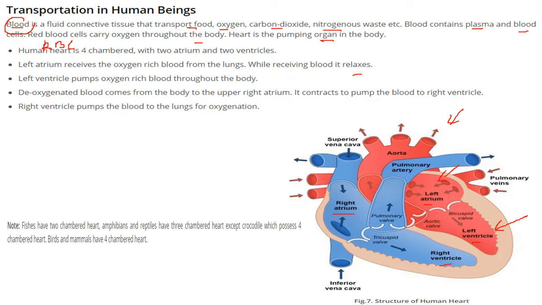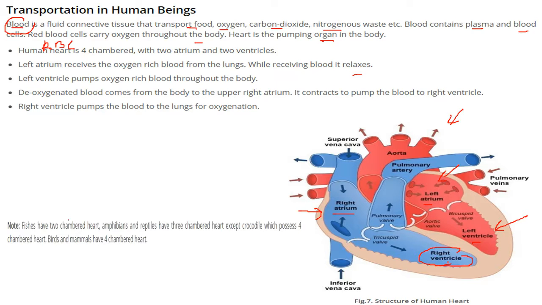This deoxygenated blood comes from the body to the upper right atrium, and it contracts to pump the blood to the right ventricle. The right ventricle pumps the blood to the lungs because now it needs to be oxygenated.